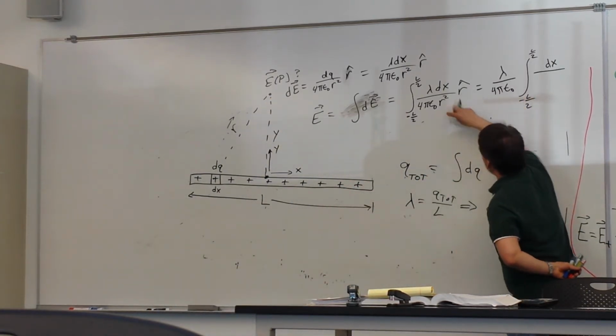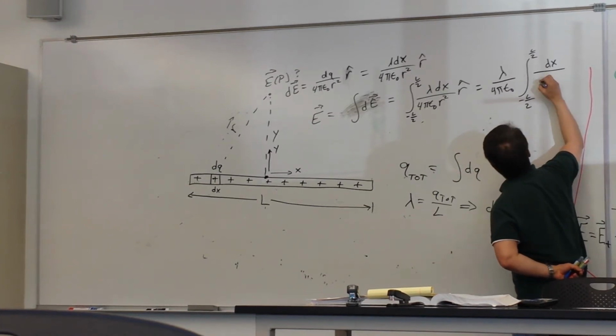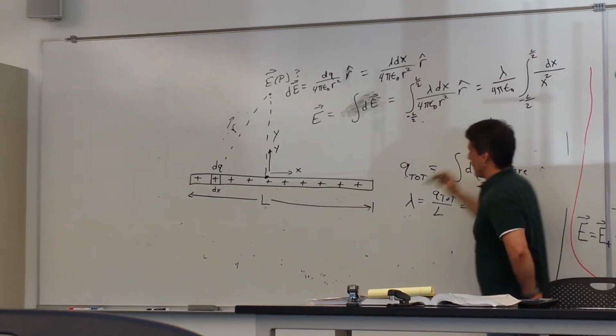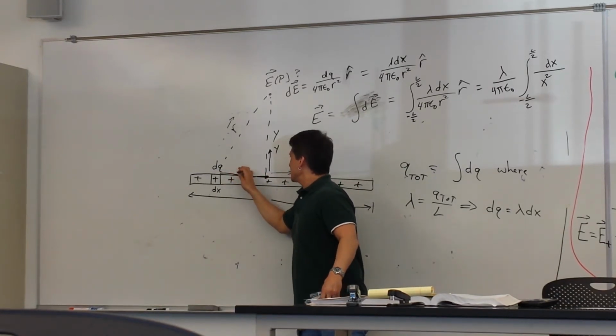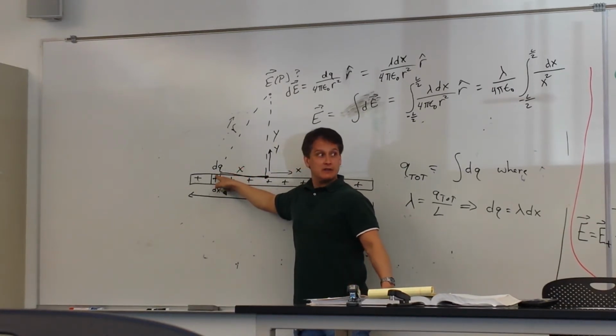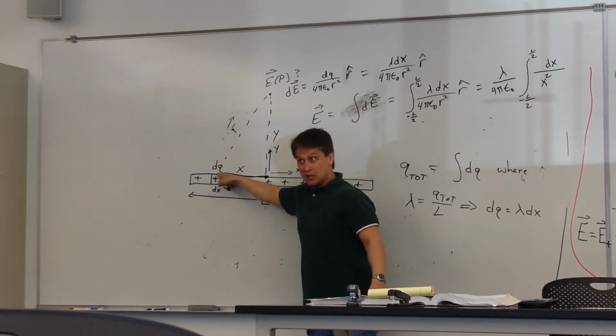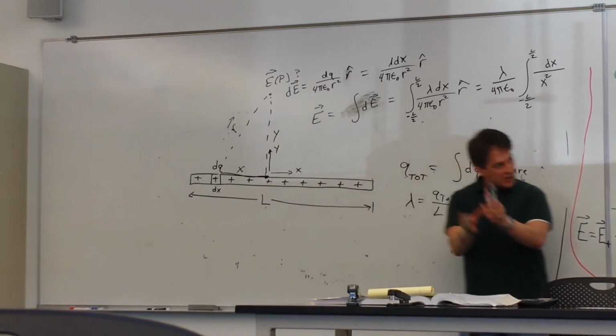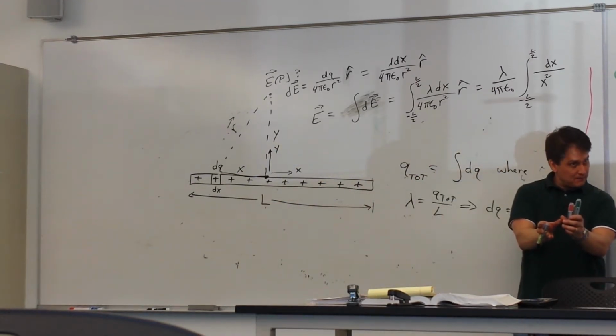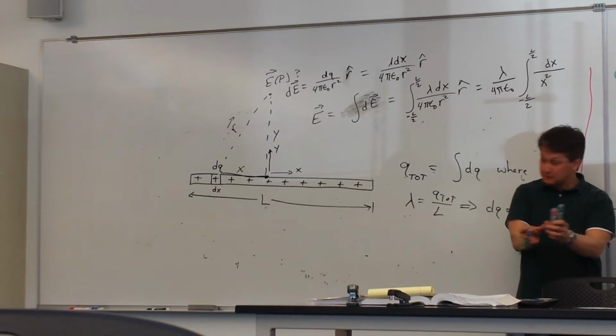So I can rewrite my r squared as x squared, where x would be the distance of the location where my dq is located. All right, dq is at a particular location x along the rod.